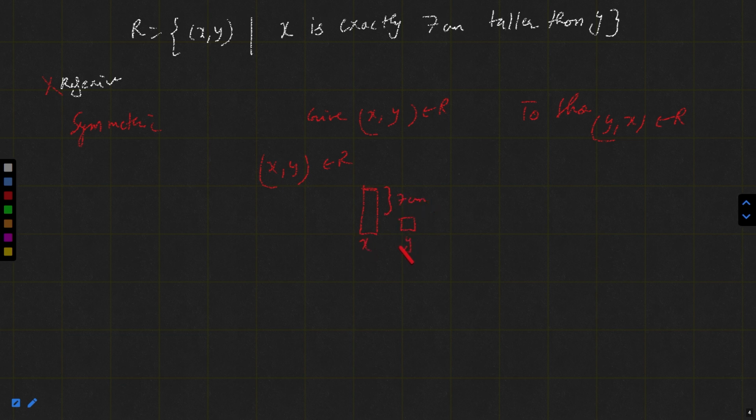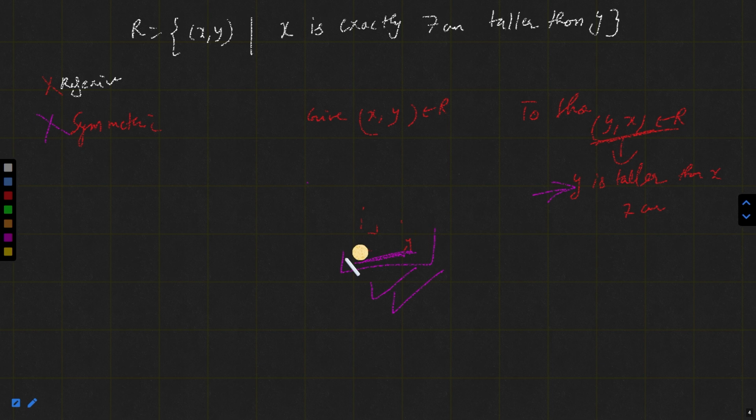Now I need to show (y, x) belongs to R. This means y is taller than x, exactly 7 centimeters. But we know x is exactly 7 centimeters taller than y, and no one can deny that. So it cannot be possible that y is taller, because we already know that x is taller than y. So this means it is also not symmetric.